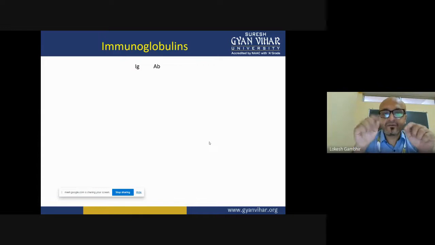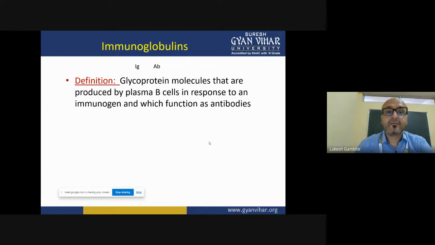They are on the surface. The moment these immunoglobulins are released from the plasma B cell into the bloodstream and they're specific towards an antigen, those immunoglobulins are called antibodies. So the difference is in the release from the cell, the release of the globulins towards a specific antigen.